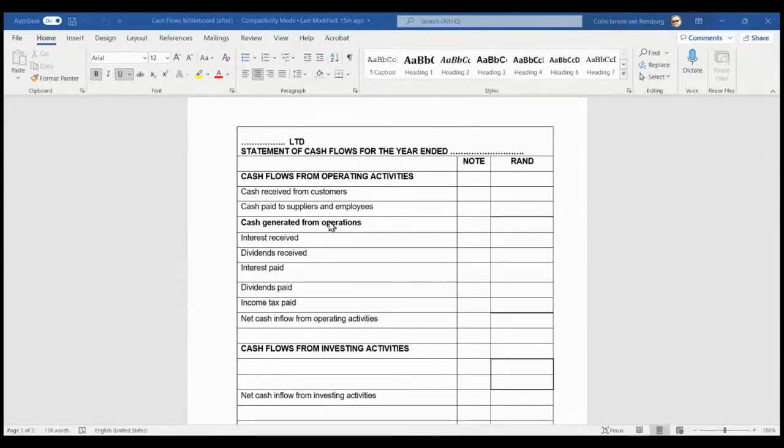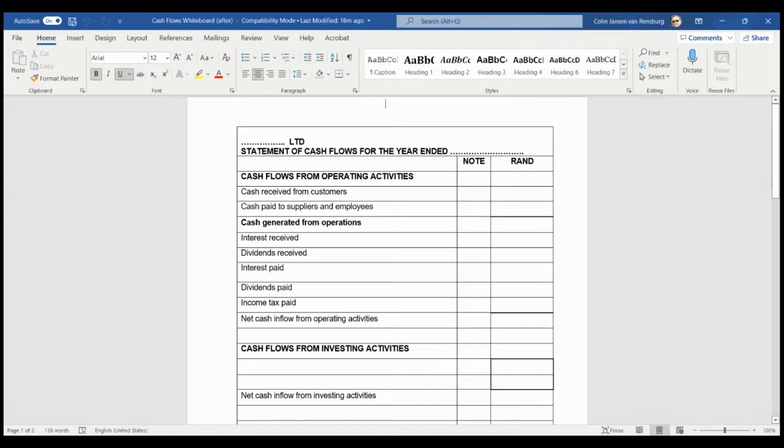Now, ladies and gentlemen, let us talk about the statement of cash flows. But first of all, I'm going to take you all the way back to the beginning of the year. At the beginning of the year, you'll remember we started with a conceptual framework, and then right after that we discussed IAS 1, which is the presentation of financial statements.